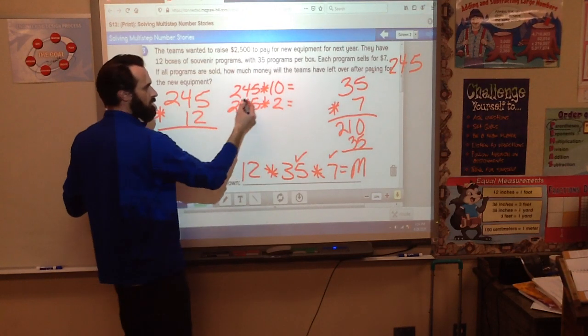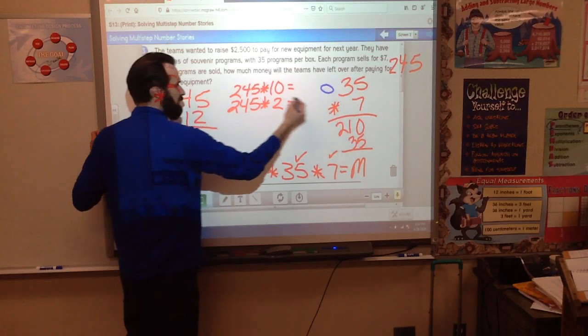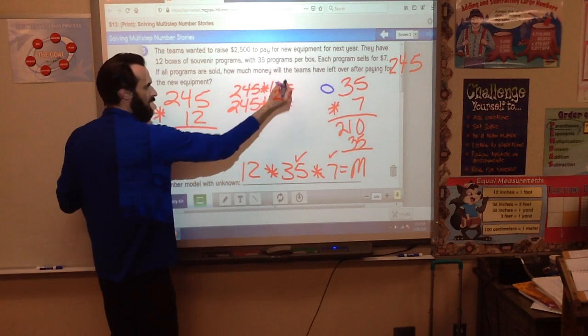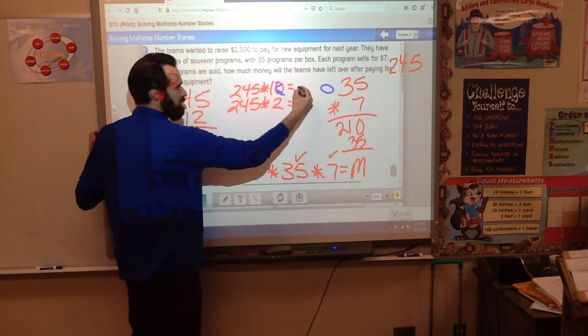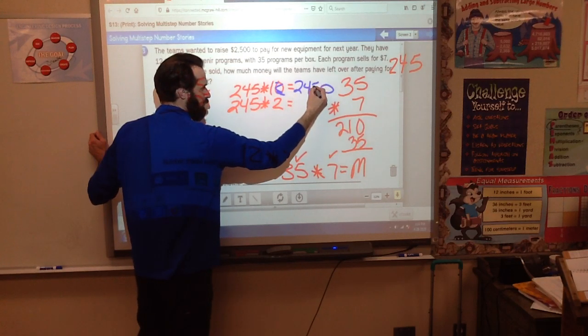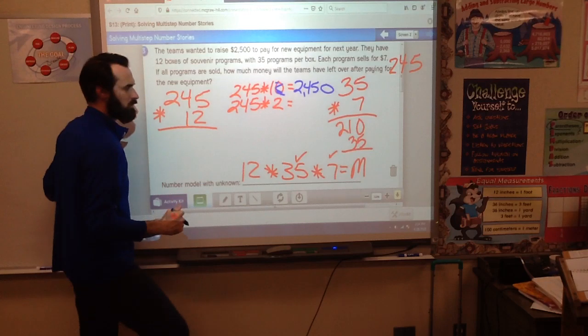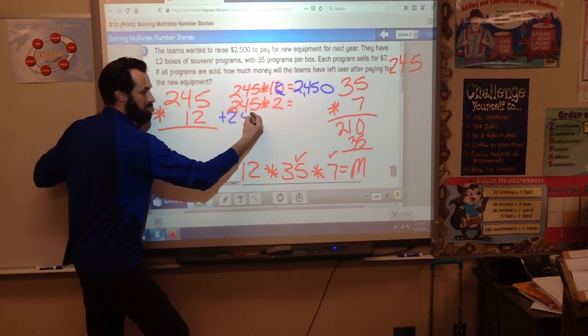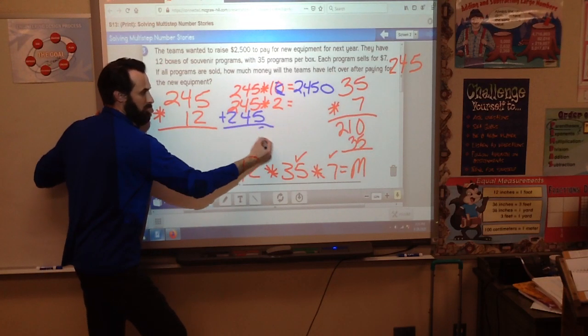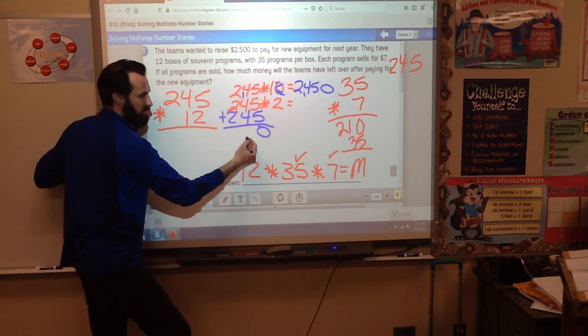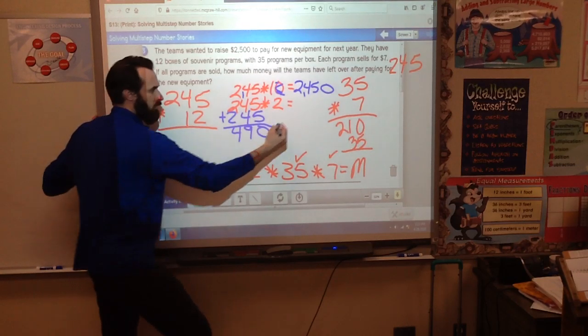If you do it this way, you can just put your 0 from the 10. And now I think about this as 245 times 1, which is just 245. And over here, it's just doubling this. It's essentially like adding. 10, carry that. 4 and 4 is 8, 9, 490.